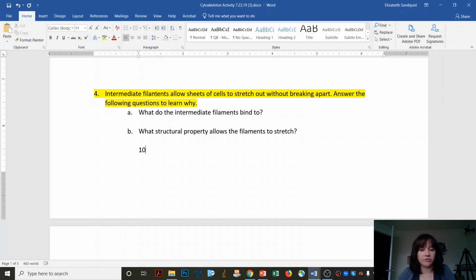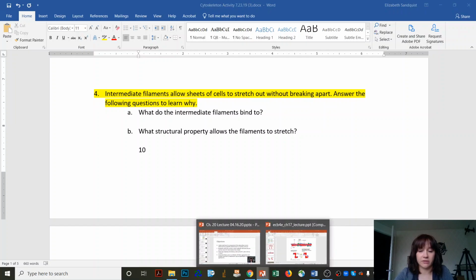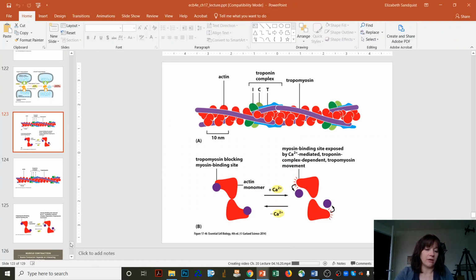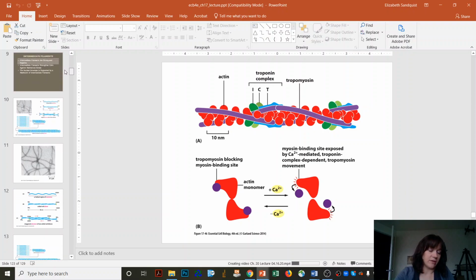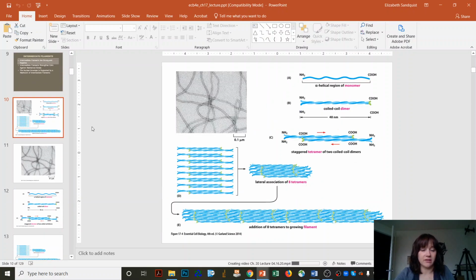Now, what structural property allows these filaments to stretch? To answer this question, you're going to need to look in your book at the section on intermediate filaments where they describe what their structure is like. These are just images from the text that I have on file. In this figure 17.4, we can see intermediate filaments and how they are structured.